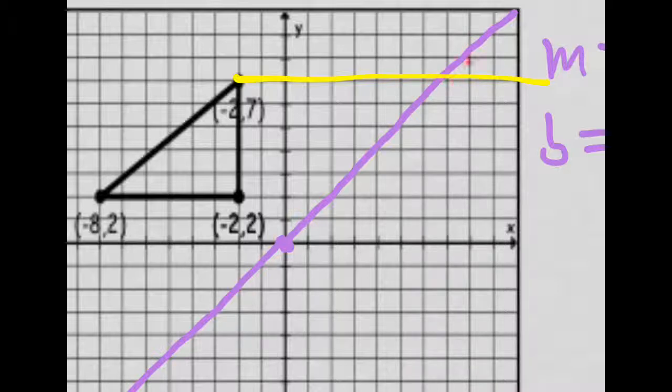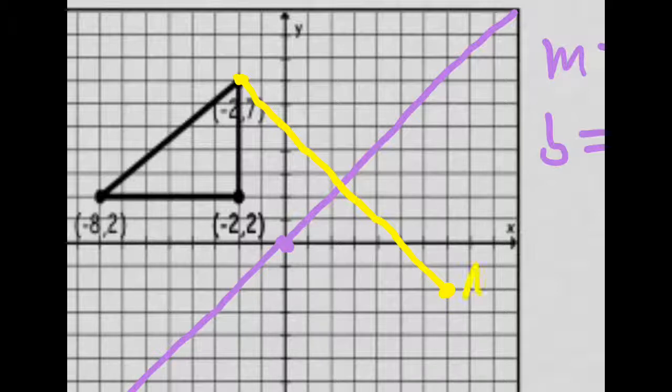Is this a right angle? No, it's not. It has to have the opposite slope, which is negative 1 over 1. So from this point, we're going 1 box, 2 boxes, 3 boxes, 4 boxes, 4.5. So we have to go 4.5 the other way. Here's my half, and 1, 2, 3, 4.